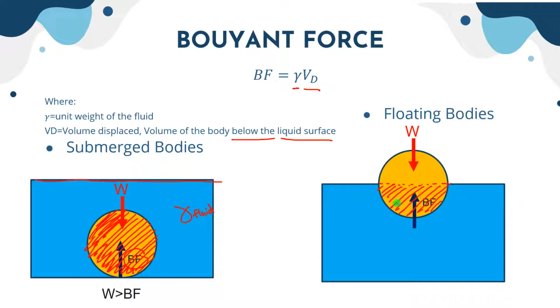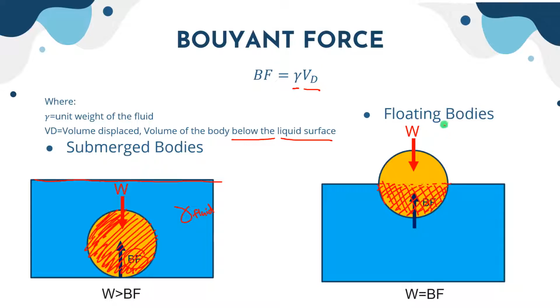That's why the liquid pushes it upward by its buoyant force. So this is your volume displaced. If the body floats, it means that the weight of the object is equal to the buoyant force.